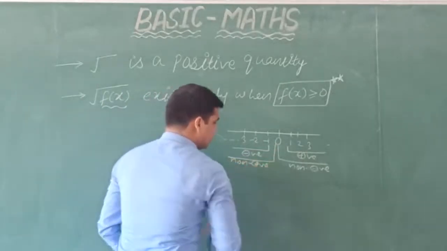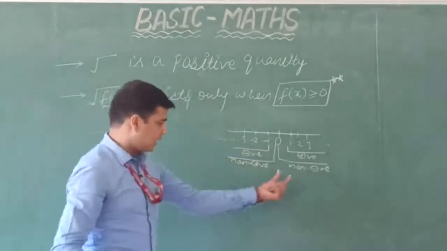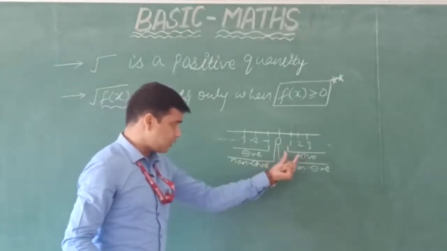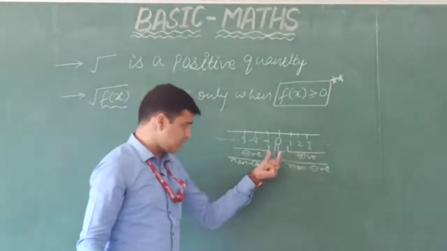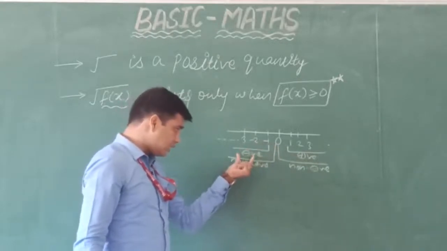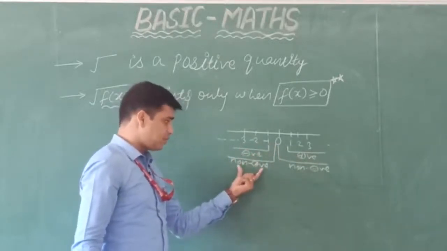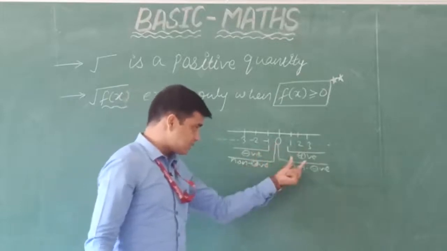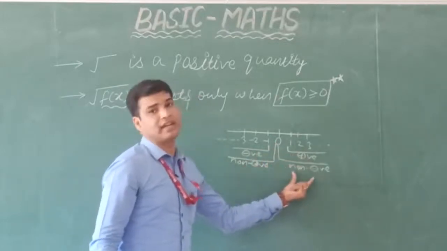So this is the basic difference between non-negative and non-positive. Any number just greater than 0 is positive, just less than 0 is negative. If you include 0 in the negative, it becomes non-positive. If you include 0 in the positive numbers, it becomes non-negative.